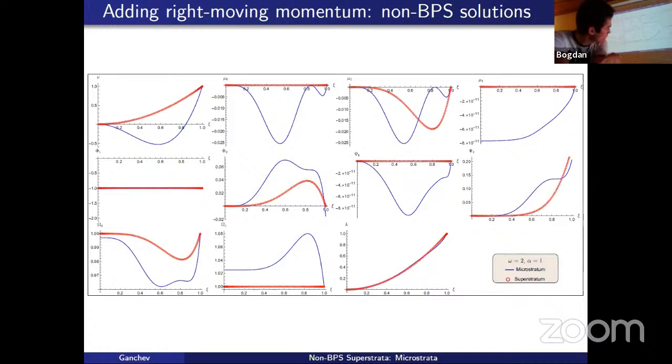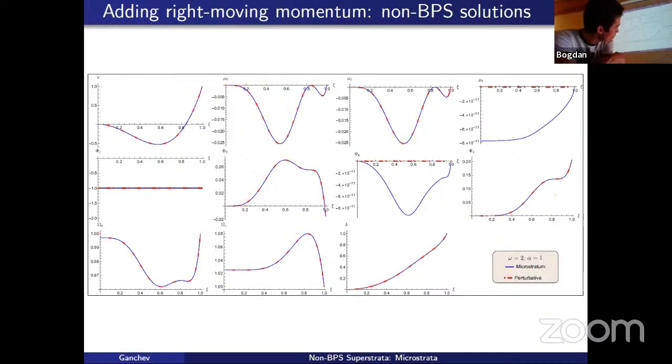So this is the microstratum versus the superstratum. This is exactly the same plot for the microstratum, but instead of comparing to the superstratum, I'm comparing to our perturbative solution, which is the red wiggly dash-dotted lines. So this is a solution to 9th order in perturbation theory. As you can see, it's more or less spot on.